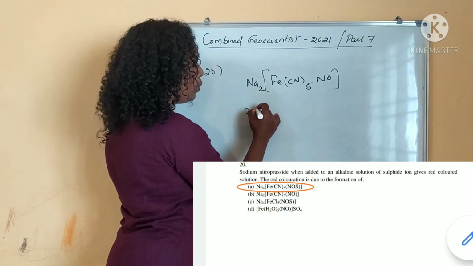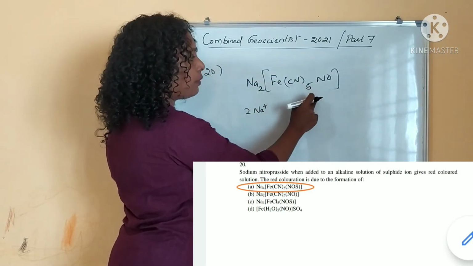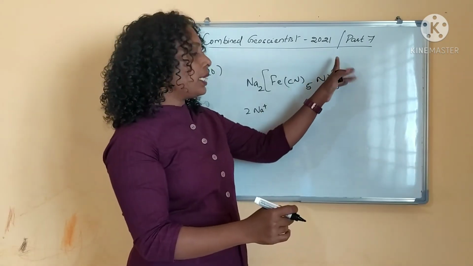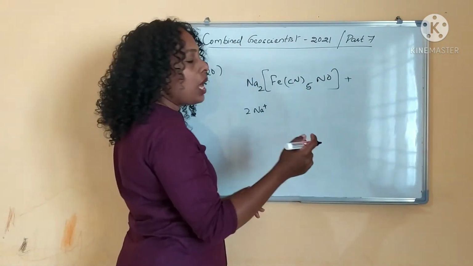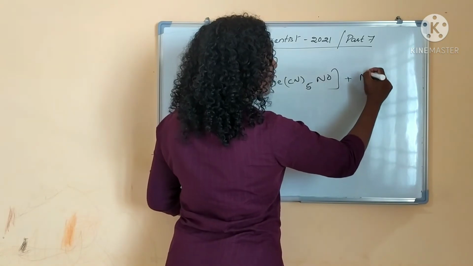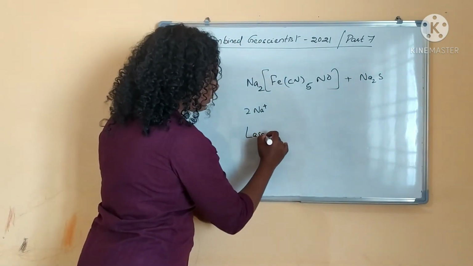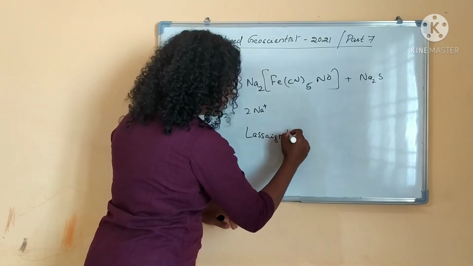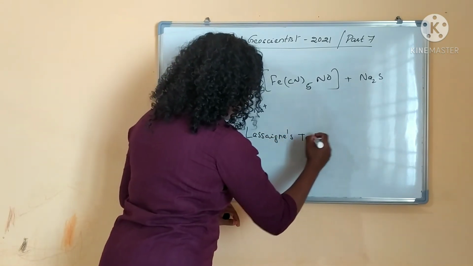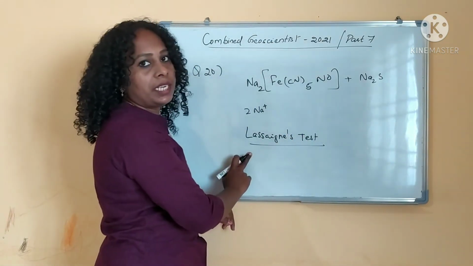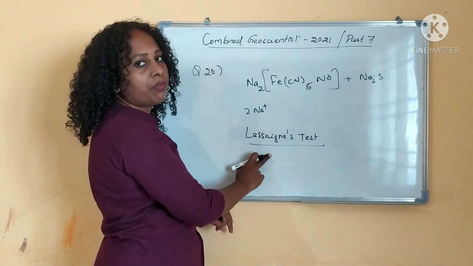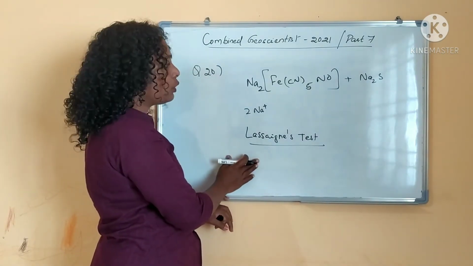It will be like 2Na+ and the complex with 2- charge. When added to the alkaline sulfide, Na2S, what is this reaction? In class 11 we are studying about this test. This is sulfur identification, qualitative analysis of sulfur.